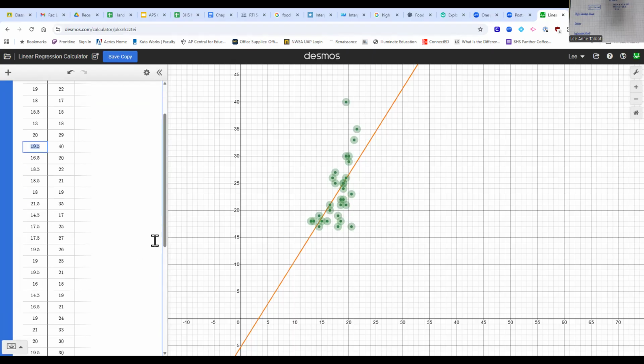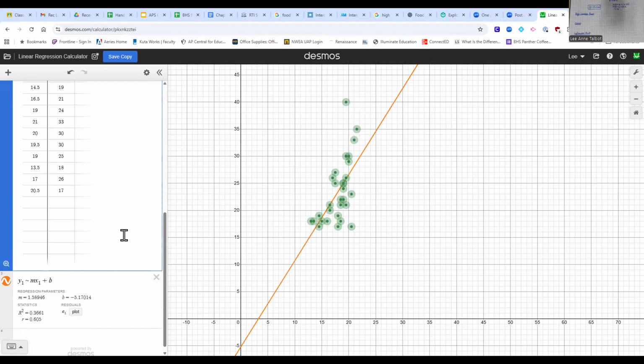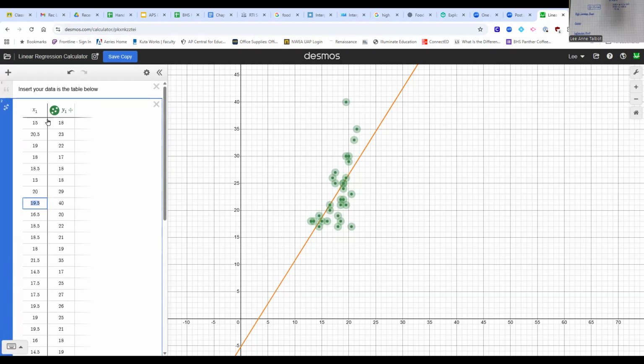Okay, you guys, hold on. Shh. I need your help. I made a mistake. Can you look at the pink table, please?